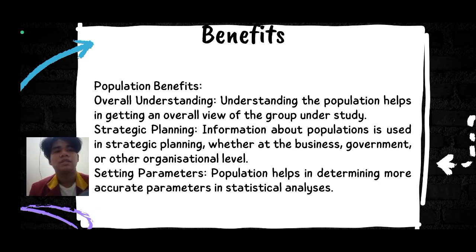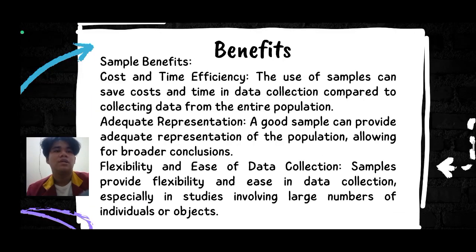Setting parameters. Population helps in determining more accurate parameters in statistical analysis. Sample benefits. Cost and time efficiency. The use of a sample can save cost and time in data collection compared to collecting data from the entire population.